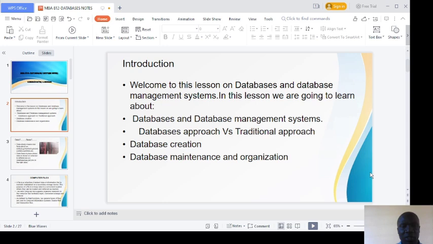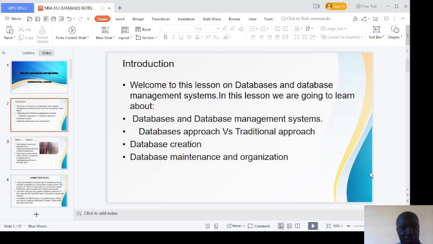We'll also touch on the database approach versus the traditional approach of collecting and storing data. We shall also look at how to create the database and how to maintain and organize the database.